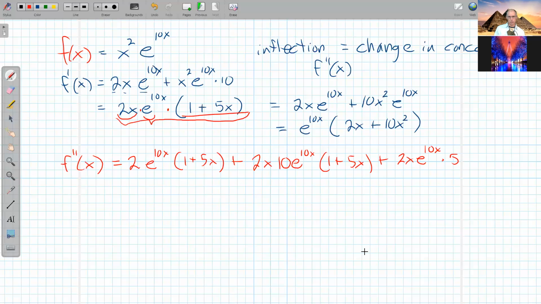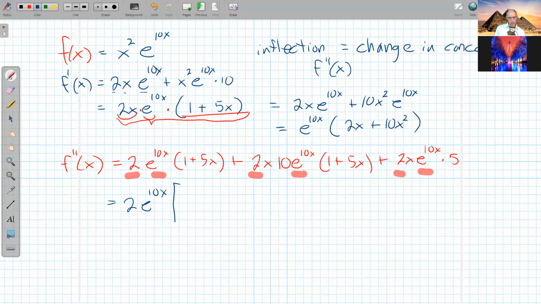And then we try to clean it up. So let's see, what can we factor here? We can factor a 2 out of every term. We can factor an e to the 10x out of every term. Let's start there and see what happens next. So I'm pulling out a 2 e to the 10x.